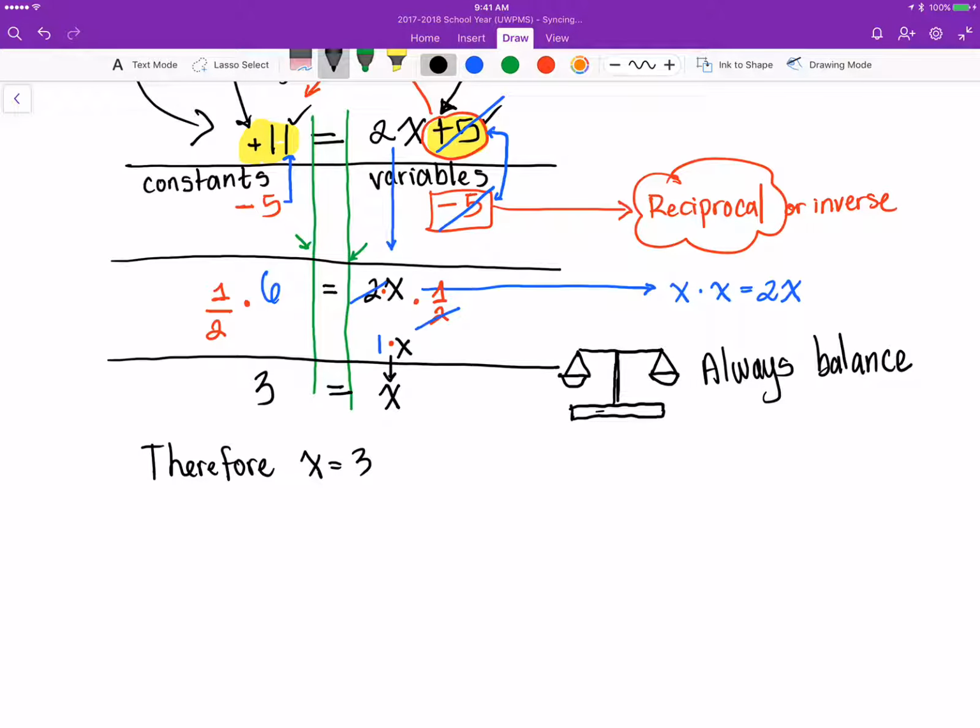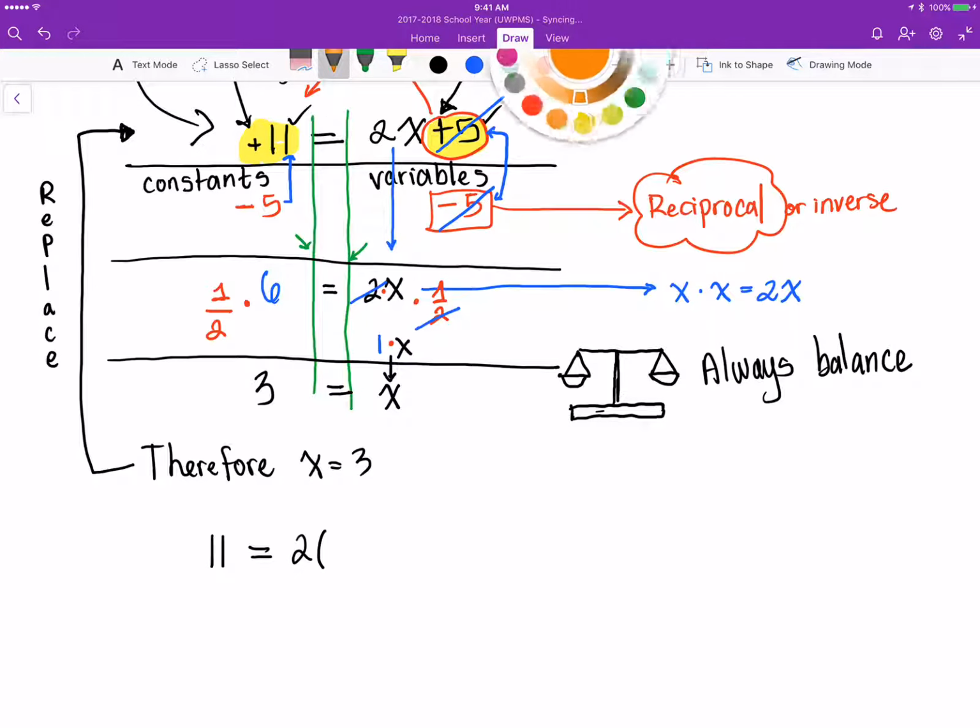I do want you to test your answers. What does that mean? I'm going to go back to my original equation, and I'm going to replace x. Okay, so let's do that. 11 equals 2, in a different color, something that we haven't used.